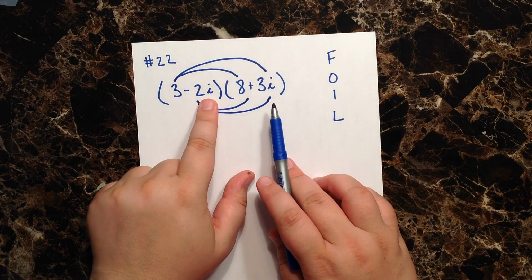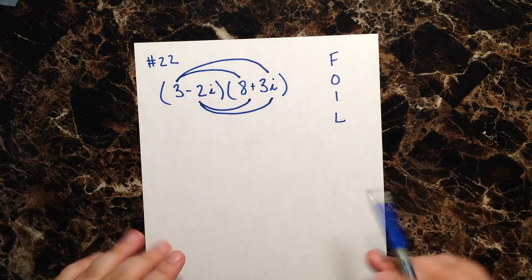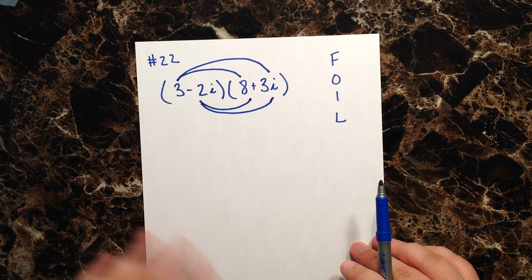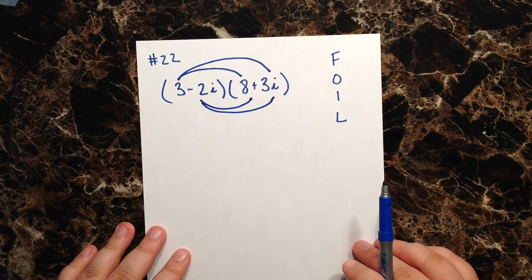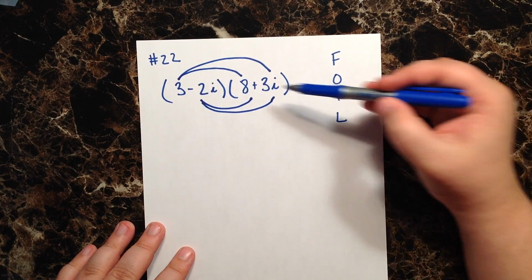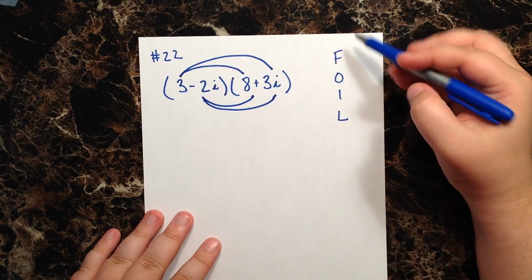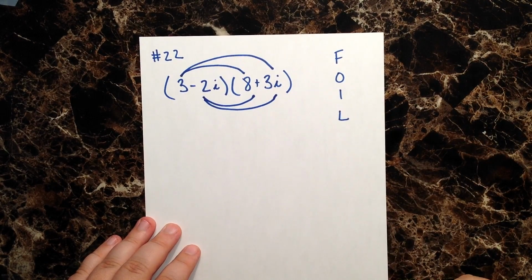Now don't let these i's scare you. Pretend they're x's and treat them just the same until the very end, of course, when we'll do something a little special with them. But don't think you're going to do anything differently just because there are i's here. You're still multiplying a binomial by a binomial, and so we're going to FOIL.